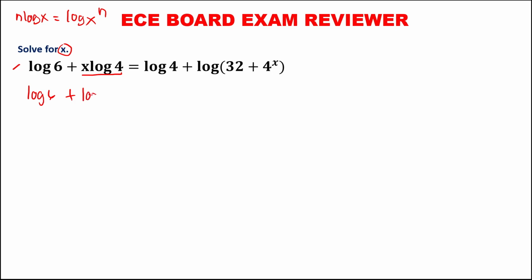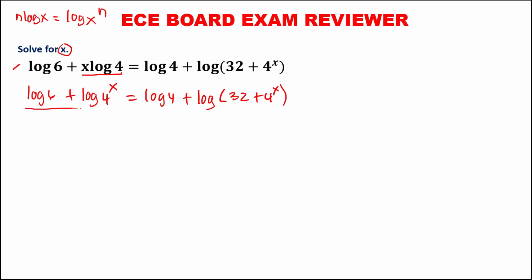So this becomes log 4 to the power x, then equals log 4 plus log of the quantity 32 plus 4 to the power x.